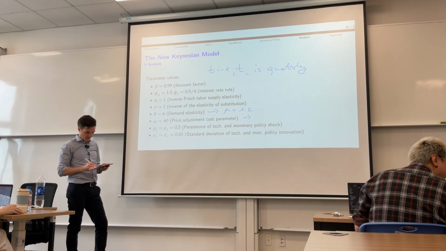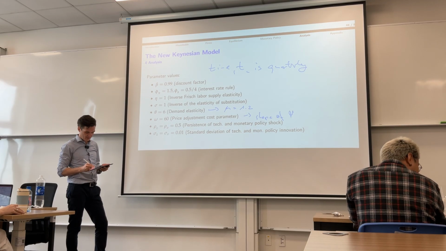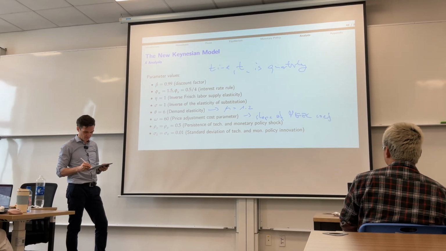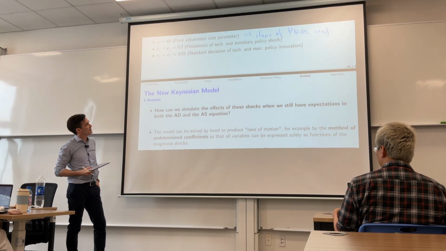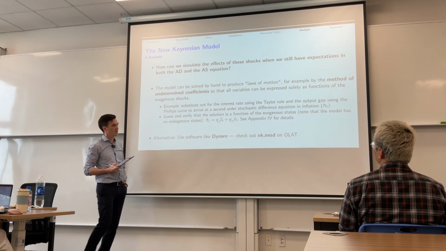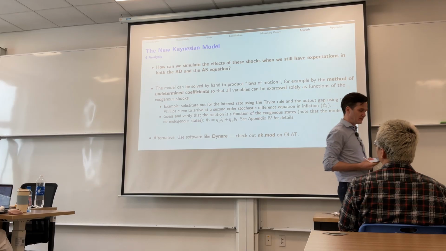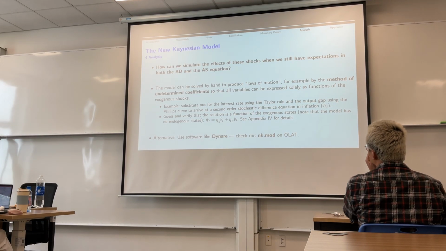So this is the slope of the NKPC coefficient. All right. And then once you have that, you can solve the model. Meaning, with these parameters, you can now numerically evaluate, so to say, this model.